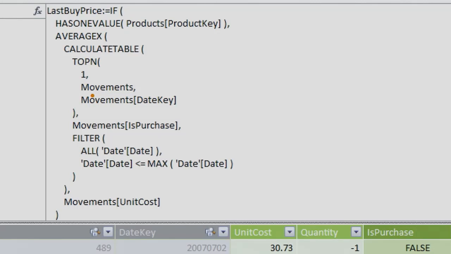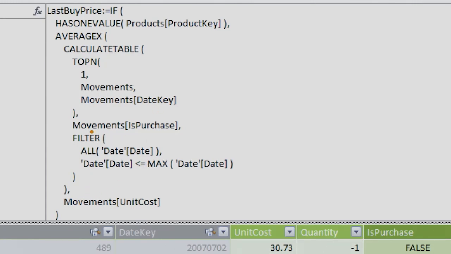So for each call of this measure, I will have only one product selected. But in case I make some mistake, we can handle that. At this point, I have to get the last transaction of this product, the last purchase transaction of this product. And I do that by doing this.